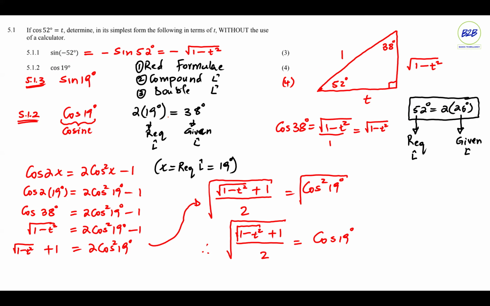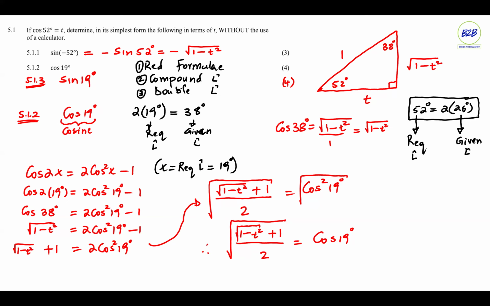However, if you have a scenario whereby you have a required angle and the given angle, but in order to get the given angle, you must multiply the required angle by 2, which is this scenario, then you apply the reverse double angle method, which is demonstrated here. It's always going to be a double angle, of course.